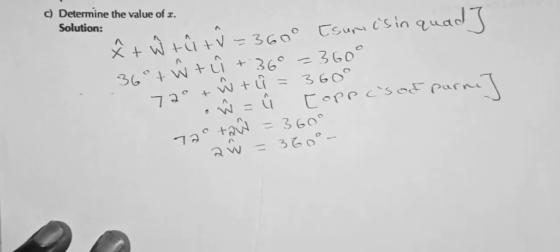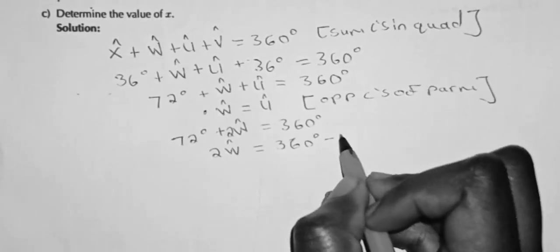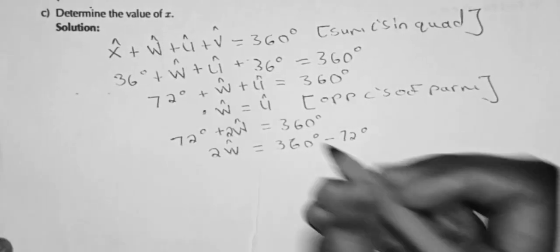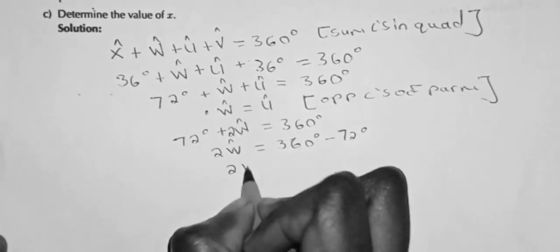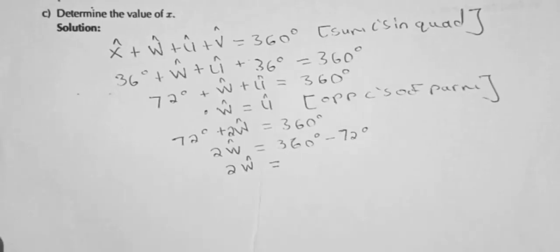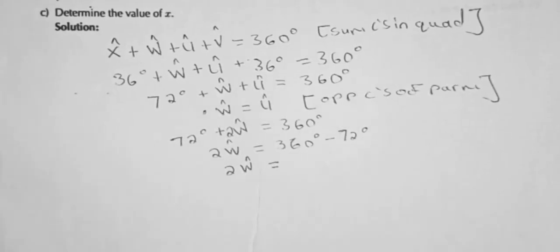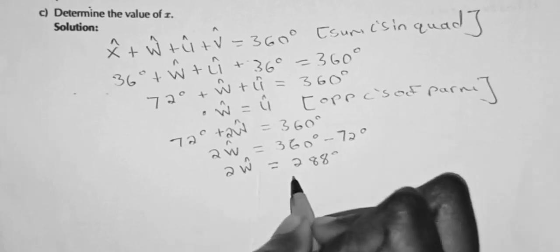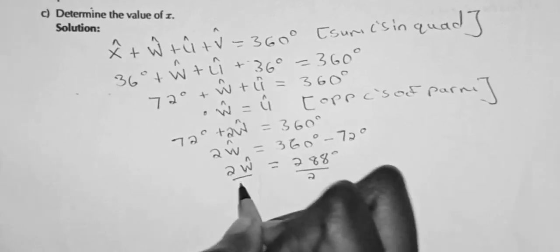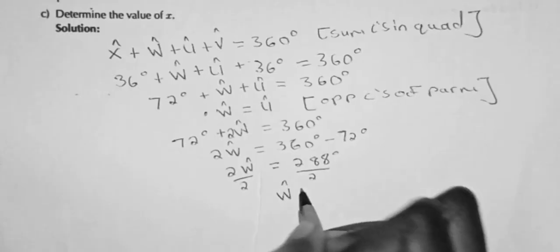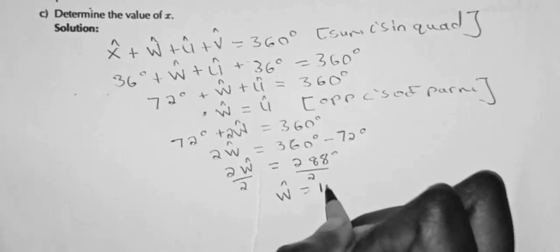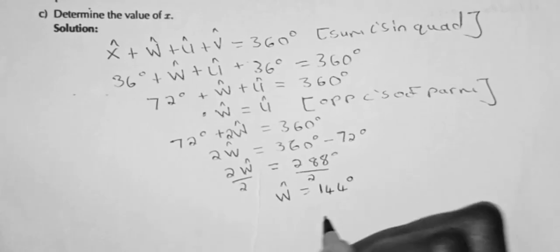Minus 72 degrees, and then you calculate everything. 2W is equal to 288 degrees, and then you divide both sides by 2, and you find your W to be 144 degrees.